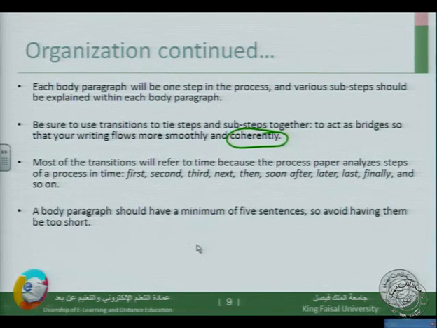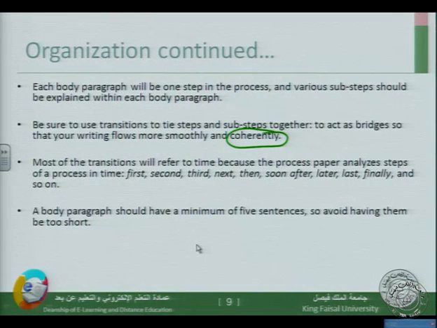A body paragraph should have a minimum of 5 sentences. My advice is to avoid writing them in short form. Just avoid having them too short. You need to write 4 to 5, but at least 5.